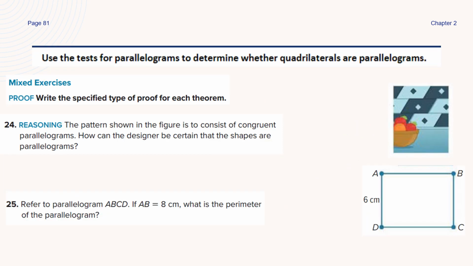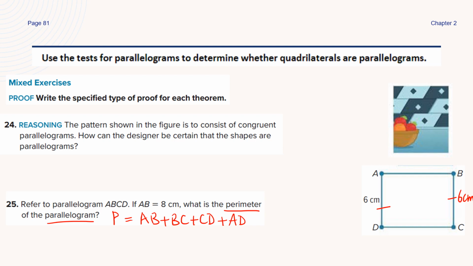Okay, next is a problem on perimeter of the parallelogram. So perimeter is basically the sum of all sides. So if ABCD is the parallelogram, then its perimeter is AB plus BC plus CD plus AD. Now, in a parallelogram, opposite sides are equal. So if AD is 6 centimeter, BC is also 6 centimeter.